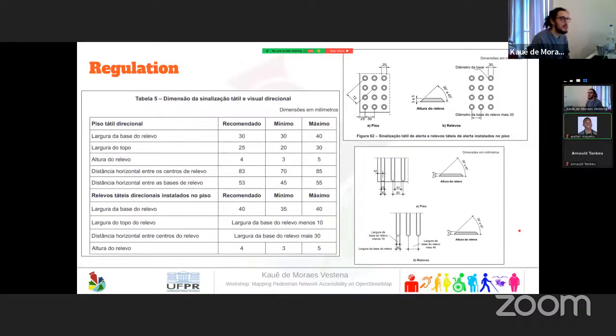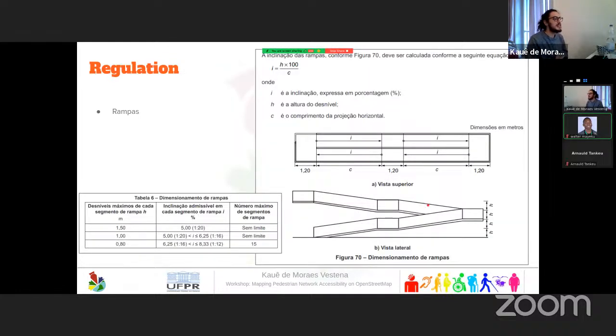There are also the regulations for the tactile pavings. So you have all the measures, all the displacement between consecutive parts of the plate, and so on. And for example, there are the regulations for ramps. So you not only have a maximum slope for a ramp to be considered accessible, but you also have a maximum horizontal displacement.